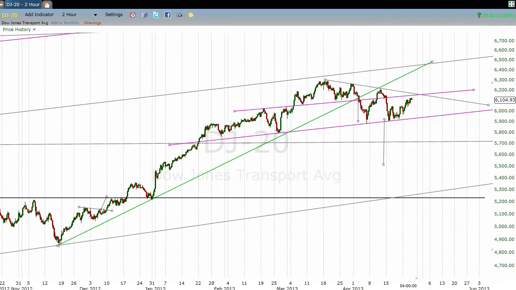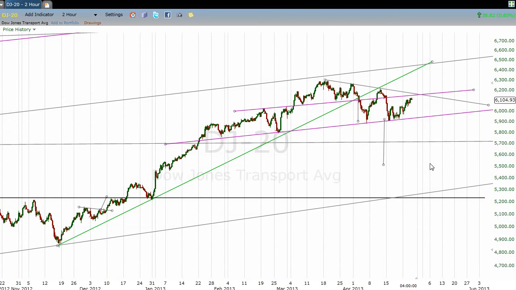But if we look at the transportation, again, here's that same line, backtested, came down, now it's coming back again. And the question is, is this going to be setting up and making a double right shoulder similar to the double left shoulder over here? If this line breaks, then we know to expect a significant sell-off in the Dow Jones Transportation Average.